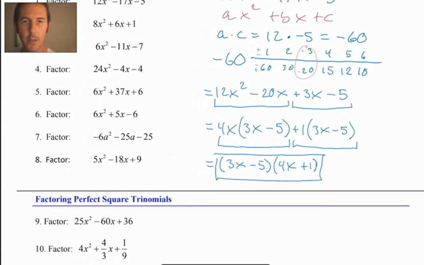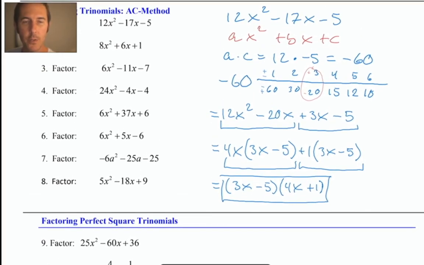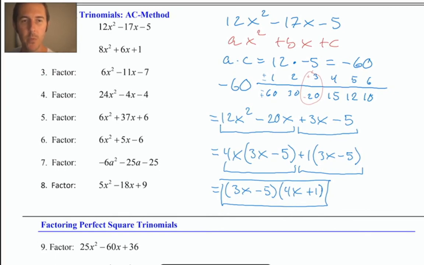This technique can be used for all of these problems over here on the left-hand side. And you'll start to notice whether or not it's even going to be possible to do this factoring process using the AC method. Once you do a handful of these, you'll quickly become considerably better at it. 8 times 1 is equal to 8.